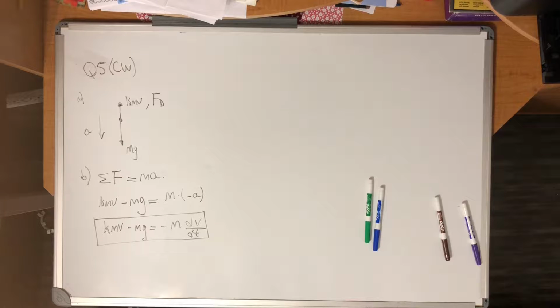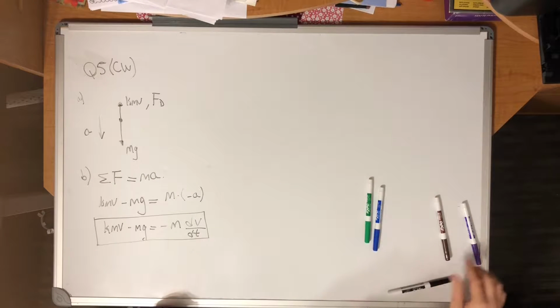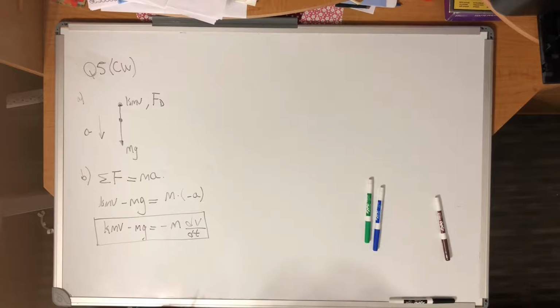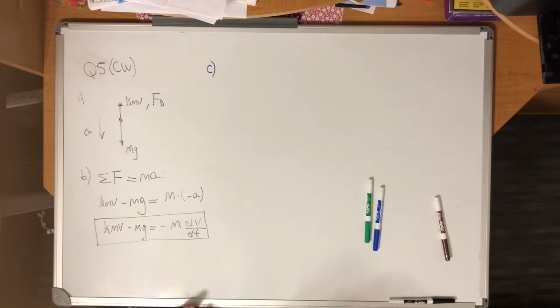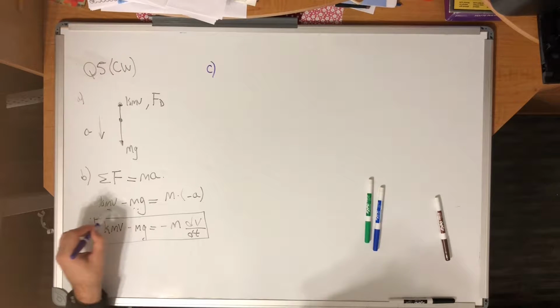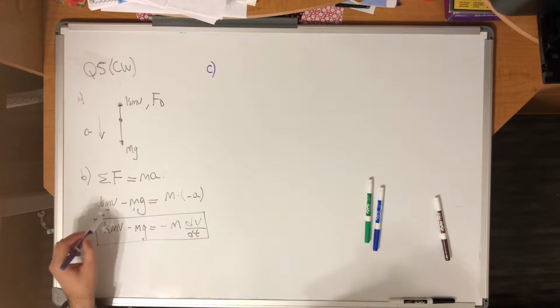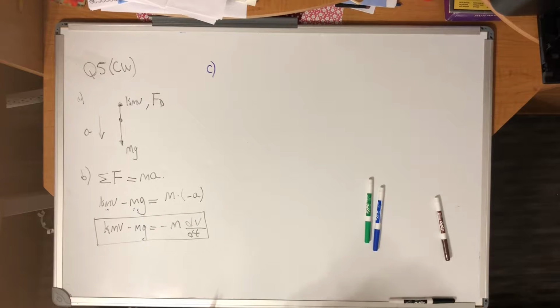And what do they ask for in part C? They're not asking you to solve this differential equation, but what are they asking for? They're asking for terminal velocity. So terminal velocity is a special case. Terminal velocity is the velocity when those two guys are equal, or there is no acceleration in the system.